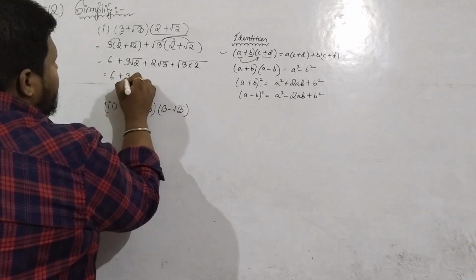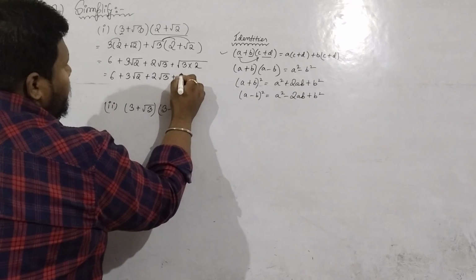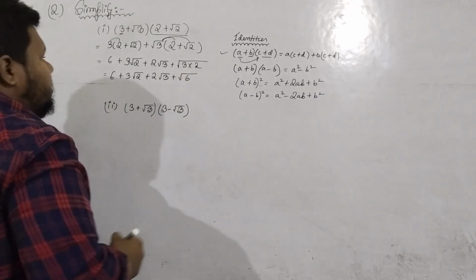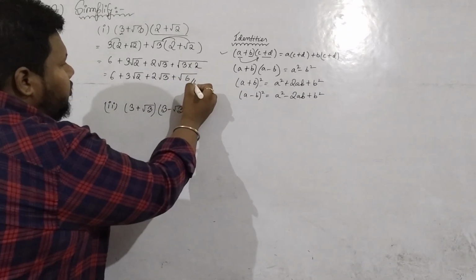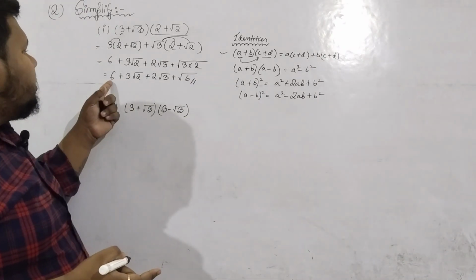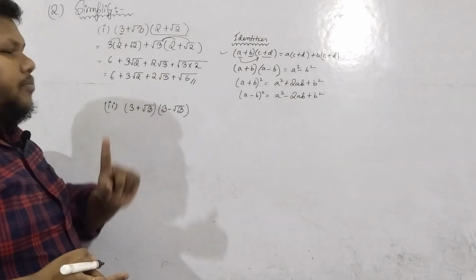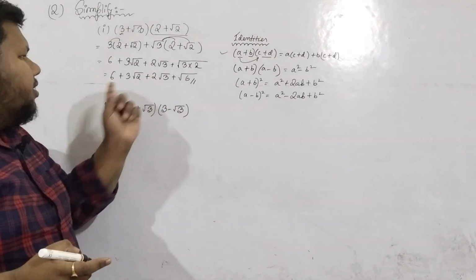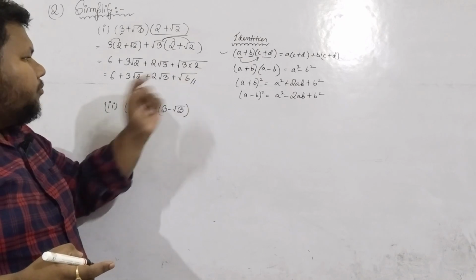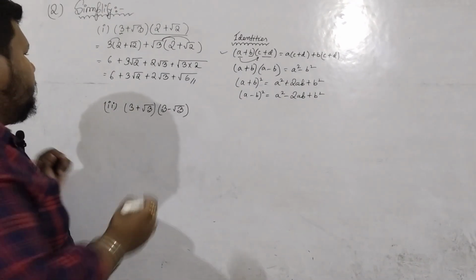Then 6 plus 3 root 2 plus 2 root 3 plus root over 3 into 2, which is root 6. Okay, so this is done. Now we cannot proceed any further than this, because you see 6 is a rational number, and root 2 and root 3 are different because they have different square roots, and root 6 is a different irrational number, so we cannot proceed any further.